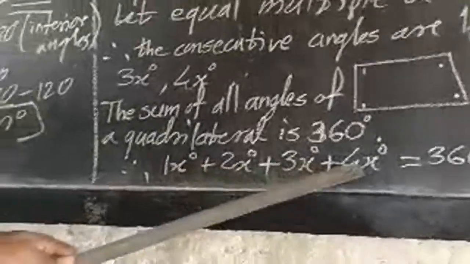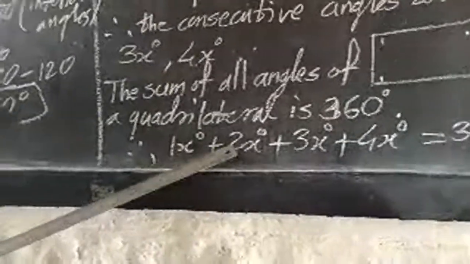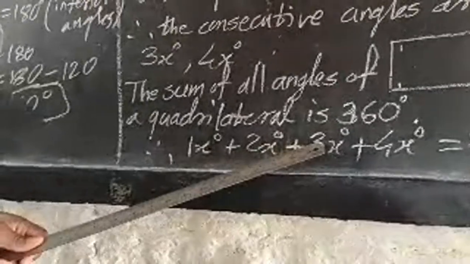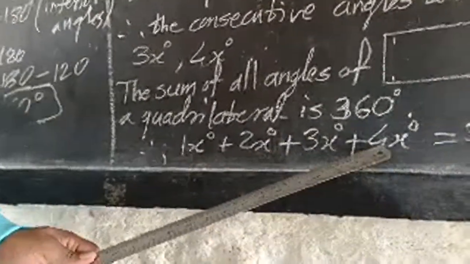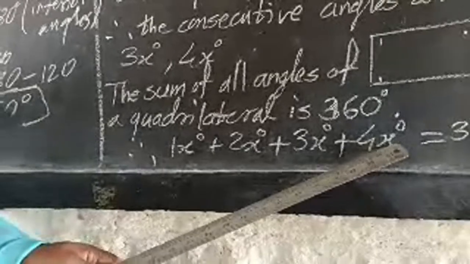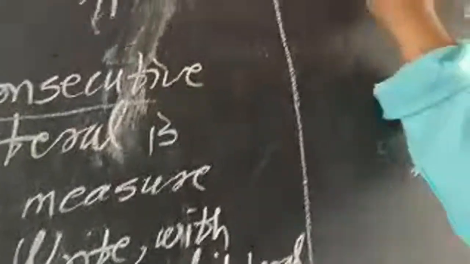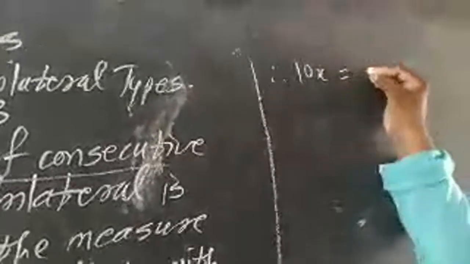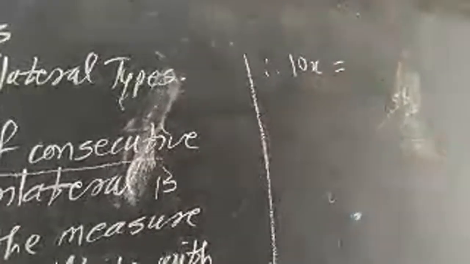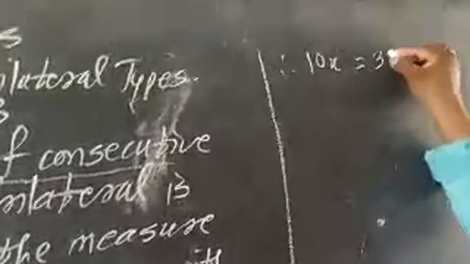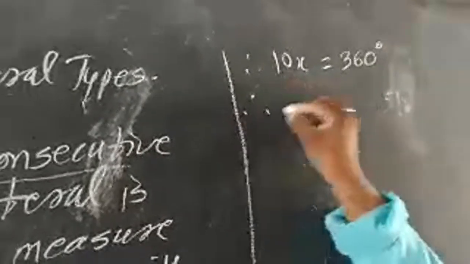Addition is 1 plus 2, 3, plus 3, 6, plus 4, 10, and the variable is x. 10x is equal to 360 degree.